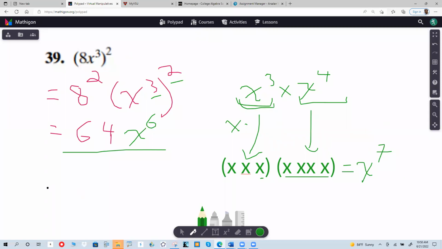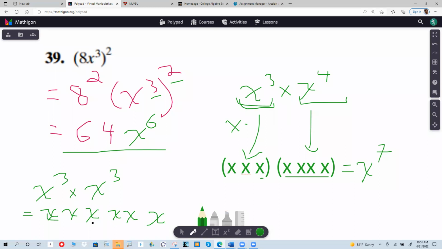X cubed squared means what? Write it out. X cubed times x cubed. And this is a multiplication sign. Well, x cubed is what? x x x. And x cubed is what? x x x. I'm not writing the multiplication signs.